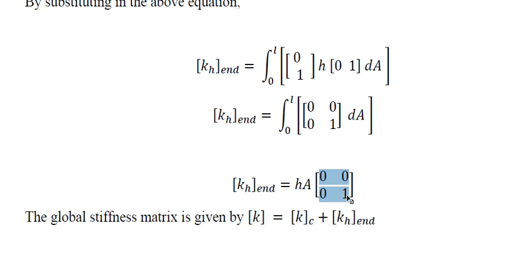Since the degree of freedom is 2 per element, the matrix size is 2 cross 2. 1 is written at the right bottom corner because the right end is subjected to end convection. If the left end is having end convection, we will write 1 here. Now this is the expression for end convection at the right end.